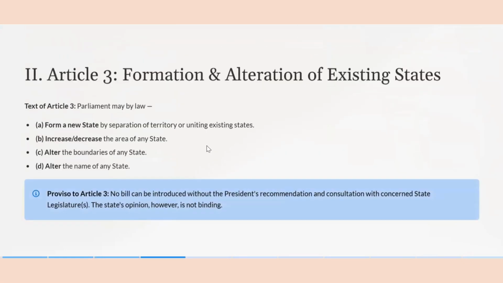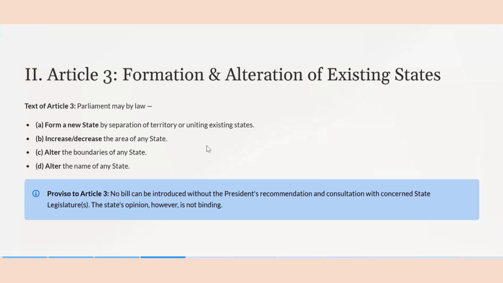Now coming to Article 3, formation and alteration of existing states. Text of Article 3: Parliament may by law form a new state by separation of a territory or uniting existing states, increase and decrease the area of a state, alter the boundaries of any state, and alter the name of any state.